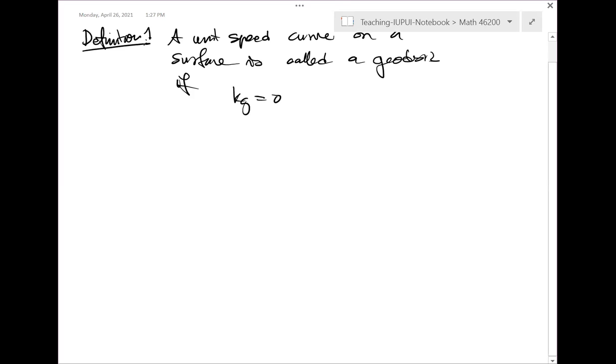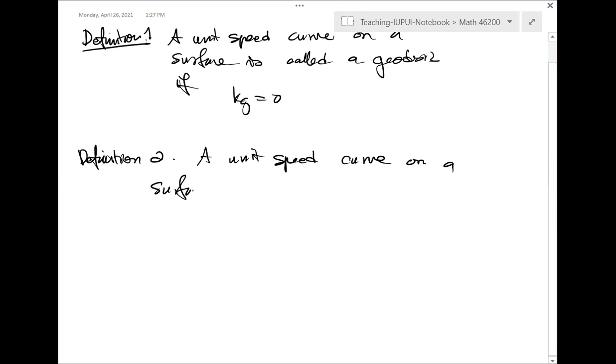In some books, there's another definition. A unit speed curve on a surface is called a geodesic if it is locally minimizing.